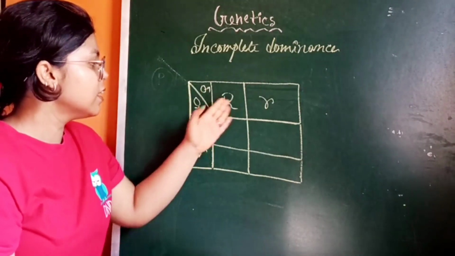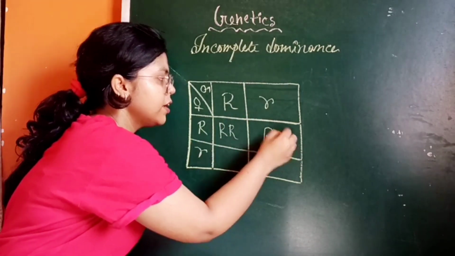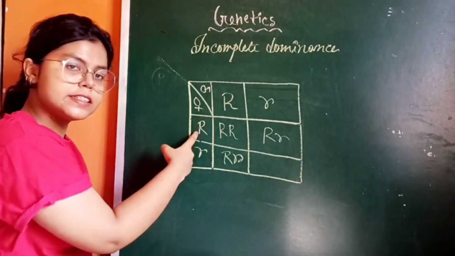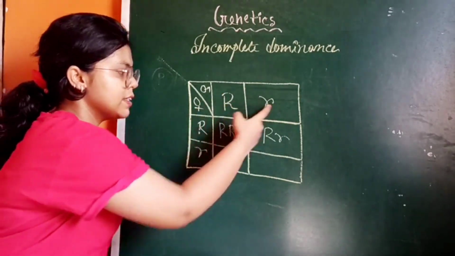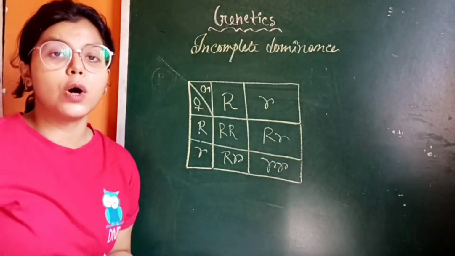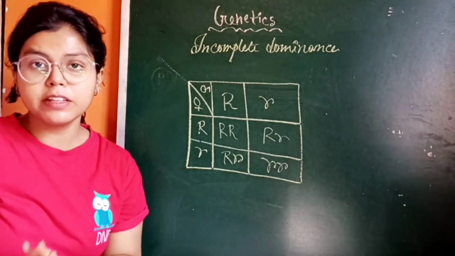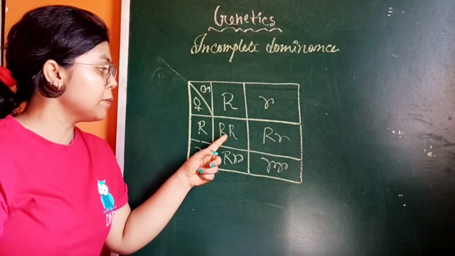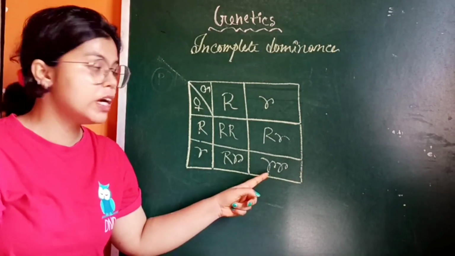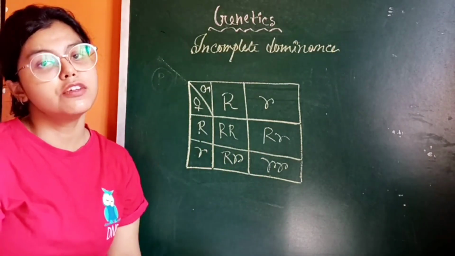Then after crossing, capital R capital R, capital R small r, capital R small r, and the remaining small r small r. So in the phenotypic ratio he got 25% red color flowers, 25% white color flowers, and the remaining 50% are pink color flowers.